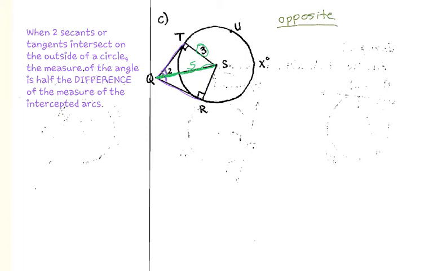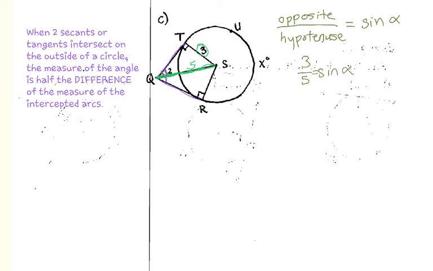So we want the trig function that is opposite over hypotenuse, and that happens to be sine of the angle. We're going to call the angle that we want to find alpha. Opposite is 3, the hypotenuse is 5, and that's equal to sine of alpha.